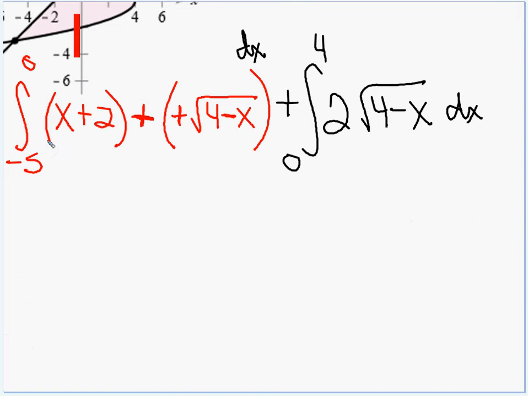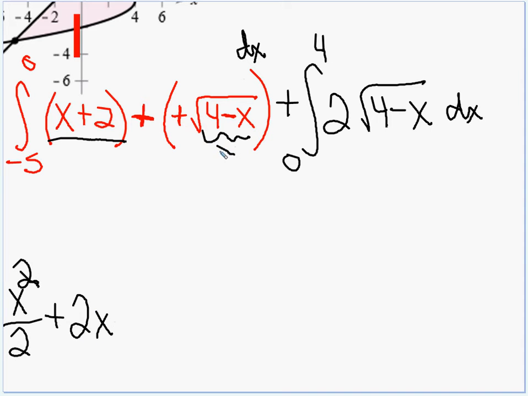Okay, so I guess we can antiderive here. We can just do these as individual chunks. The antiderivative of x is x squared over 2, plus the antiderivative of 2 is 2x. Now here, be careful. The inner function, that would be our u, 4 minus x, the derivative of that is a negative 1 dx.